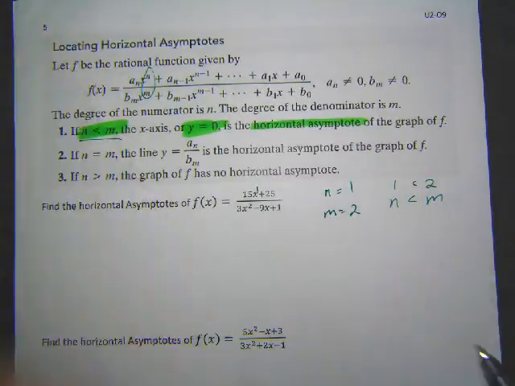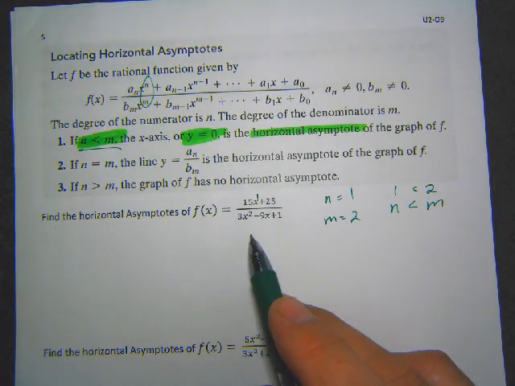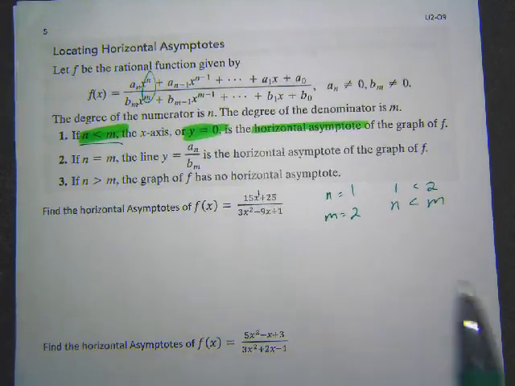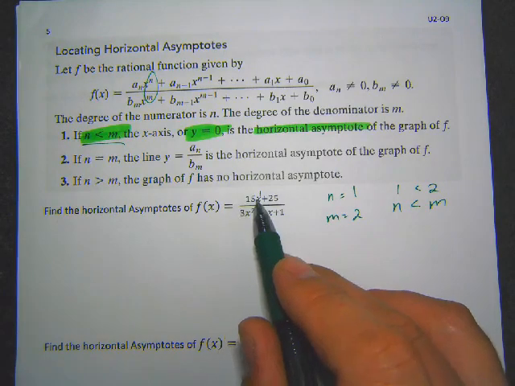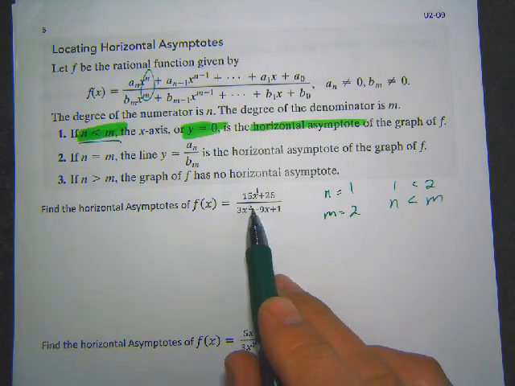Now, why is that? Well, think about what happens as x gets really big. As x starts off at 10, 100, 1,000, and then it gets on to tens of thousands, millions, billions. Notice that on the top, you'll only ever have 15 of those. So when you get to a billion, you have 15 billion. On the bottom, you actually have a billion squared.